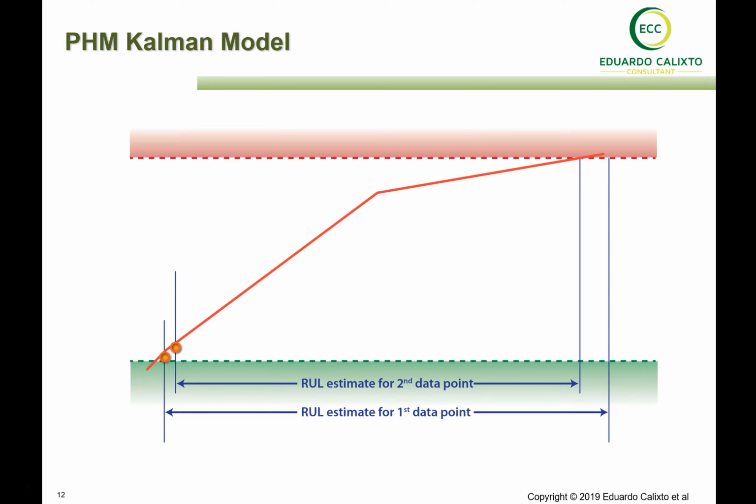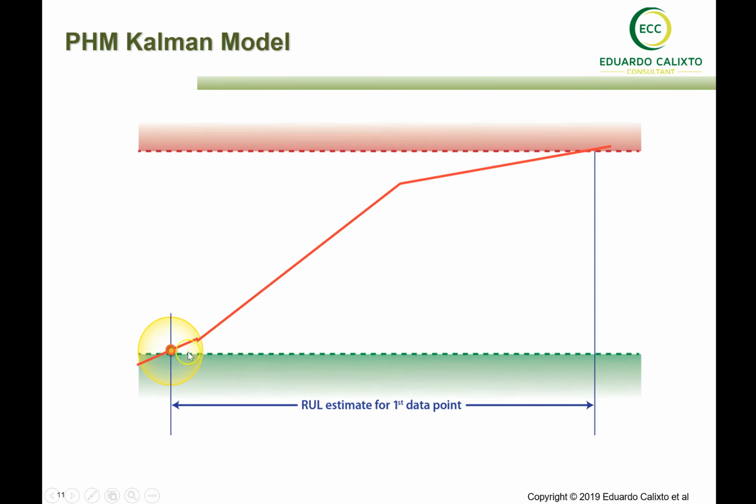Let's consider the sensor as an example at a temperature over the operation limit, and when it's over, of course, it causes some degradation. Then automatically, when we have 2 points, this curve is adjusted, and now it is predicting a smaller remaining life than expected in the beginning. So in the first point, as we presented, we have this remaining useful life as was predicted in the beginning by the reliability studies.